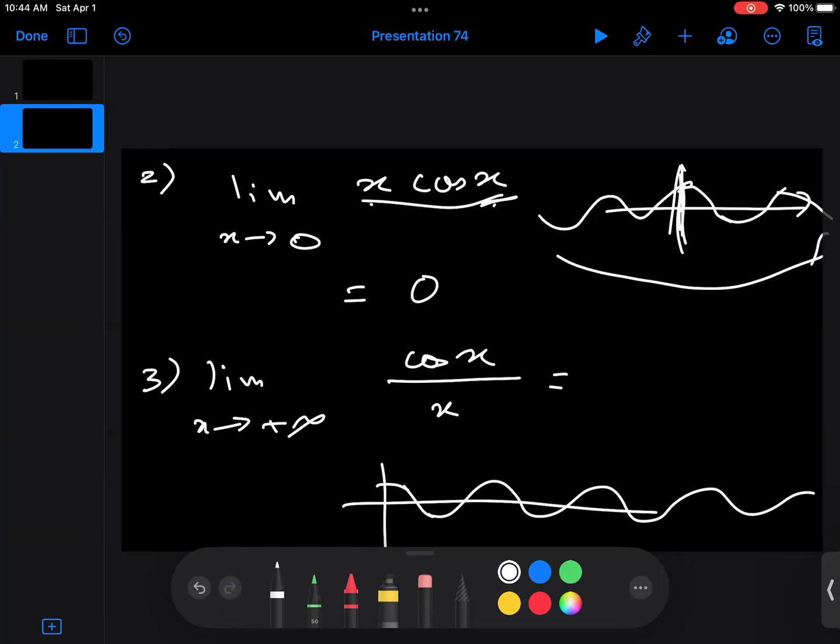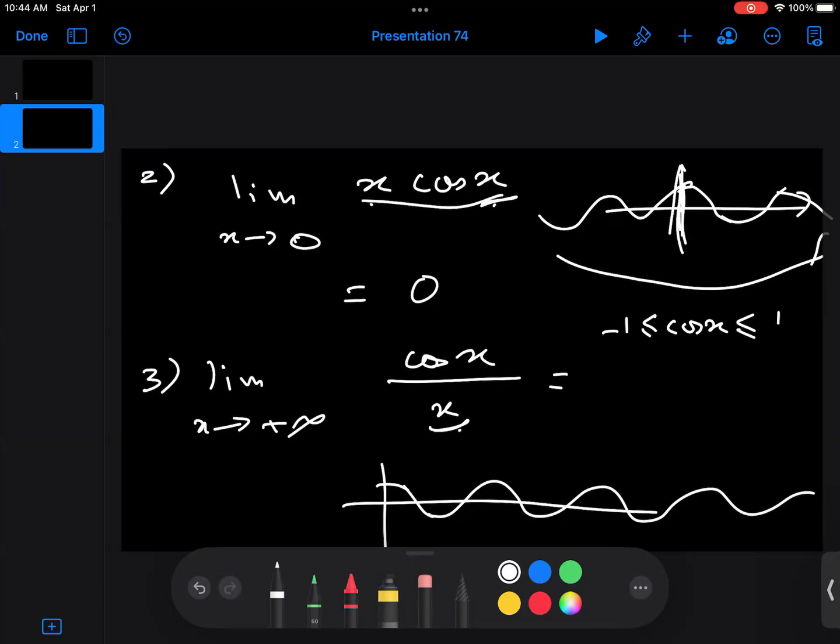But here, as x goes to infinity, x is becoming a very, very large number. So you have something that oscillates between -1 and 1. You know that -1 is less than cosine of x is less than 1, and you divide this quantity by large numbers.